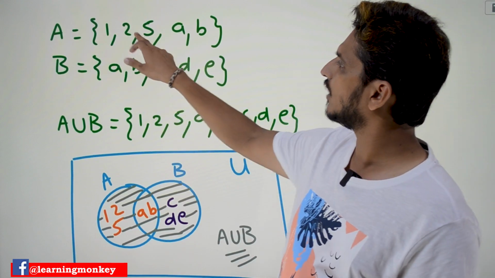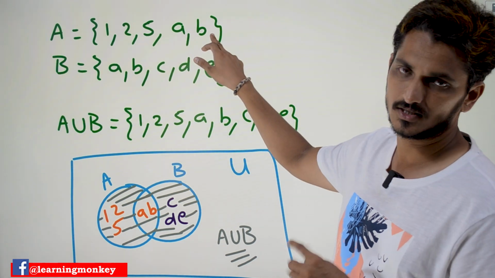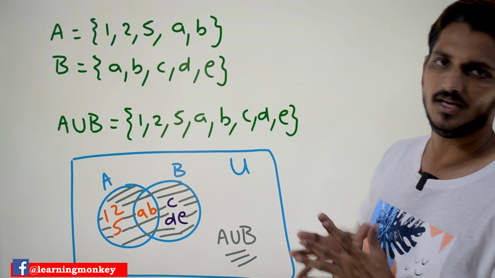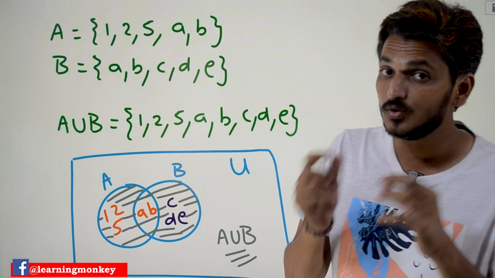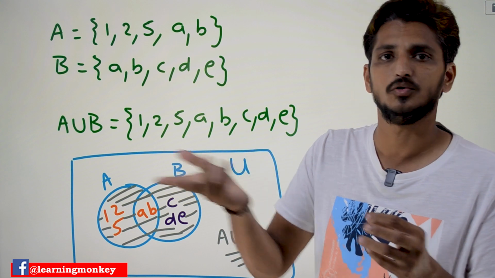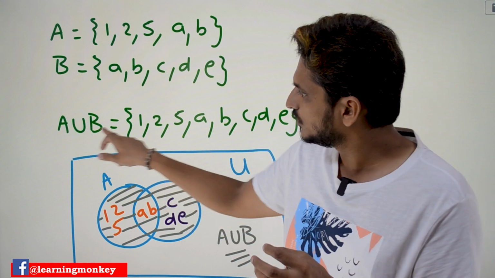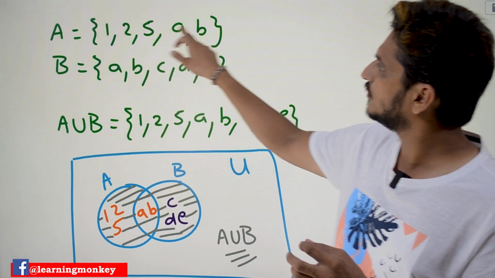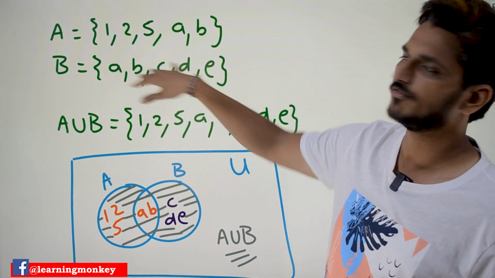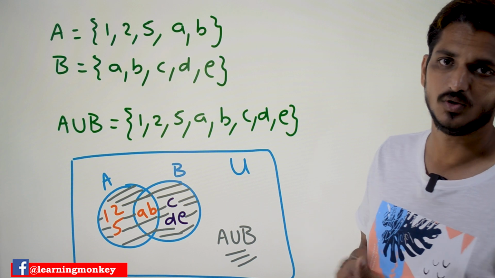A is equal to {1, 2, 5, a, b}. These are the elements present in A. B is equal to {a, b, c, d, e}. A union B means the elements that belong to A or B or both. So A union B is given as {1, 2, 5, a, b, c, d, e}, all the elements of A and B. We call it A union B.